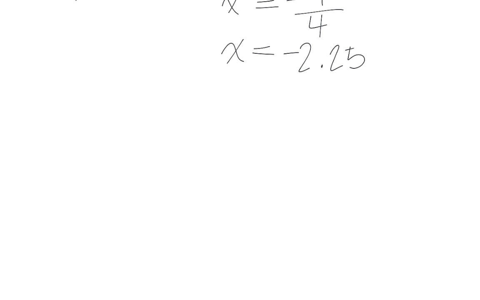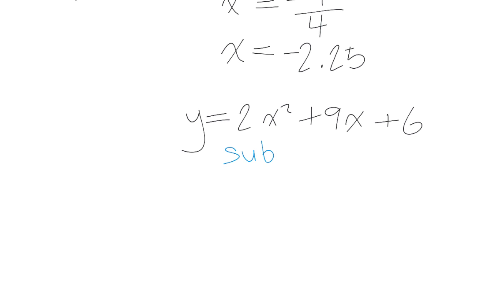First, I'm going to rewrite the quadratic relation, 2x squared plus 9x plus 6. Since you want to figure out the y-coordinate, all you do is sub x is equal to negative 2.25, and you just change all of those x values into negative 2.25 in brackets.